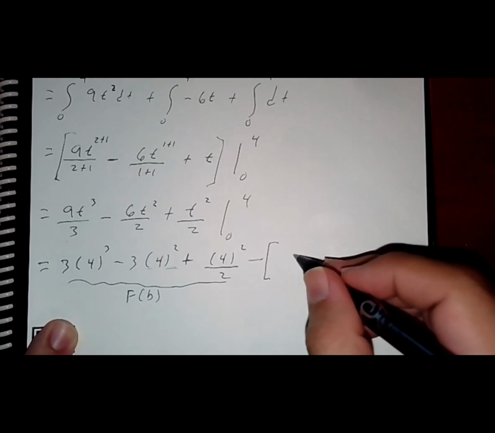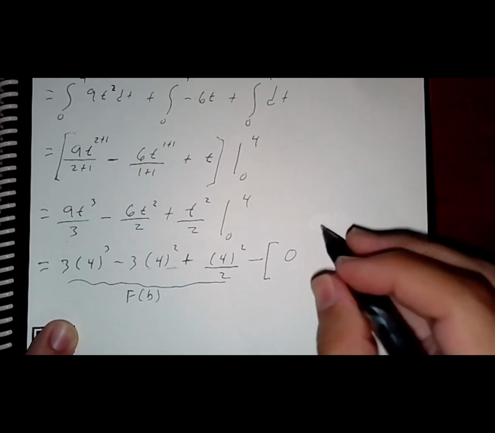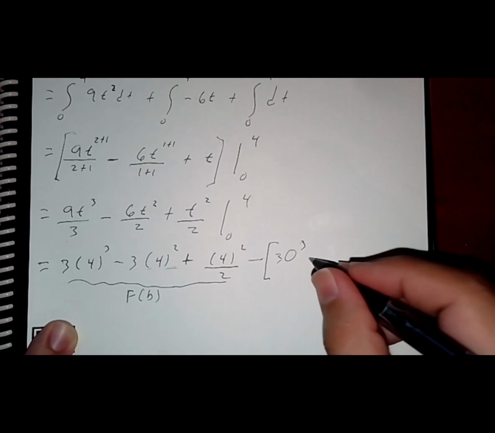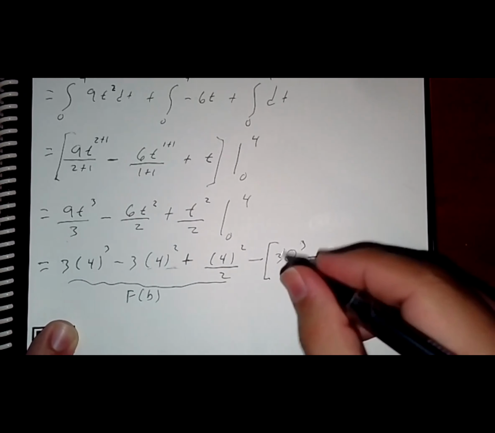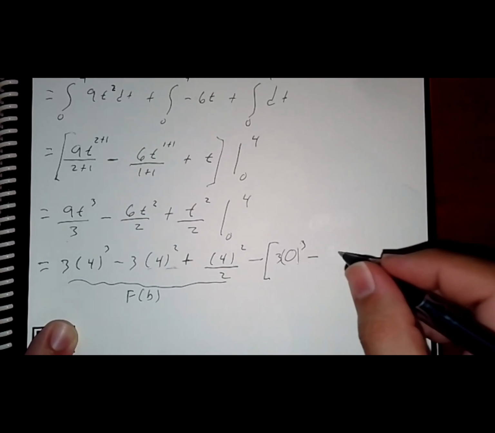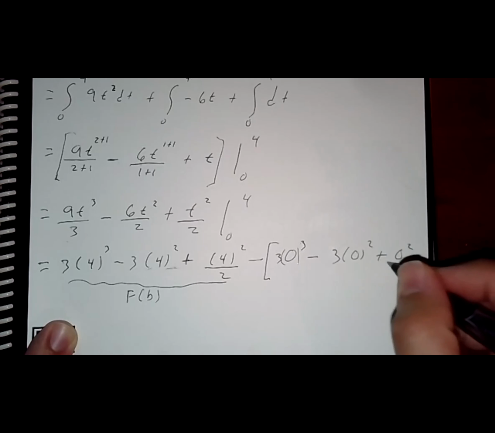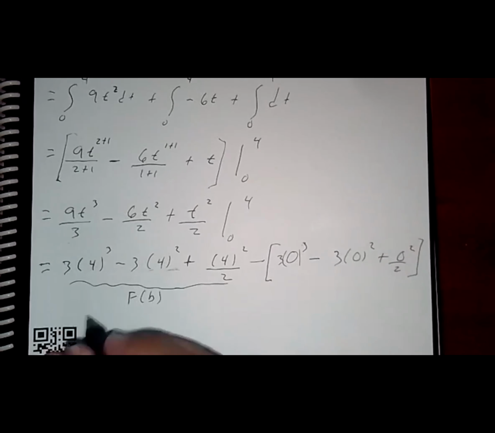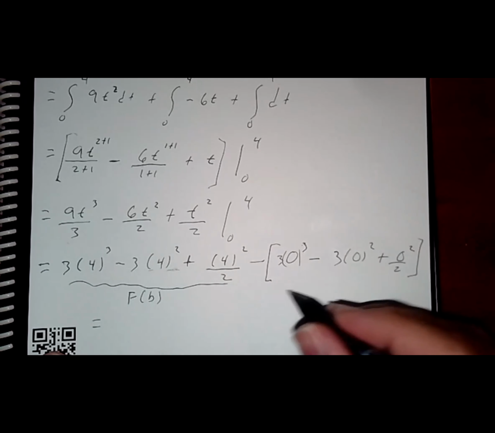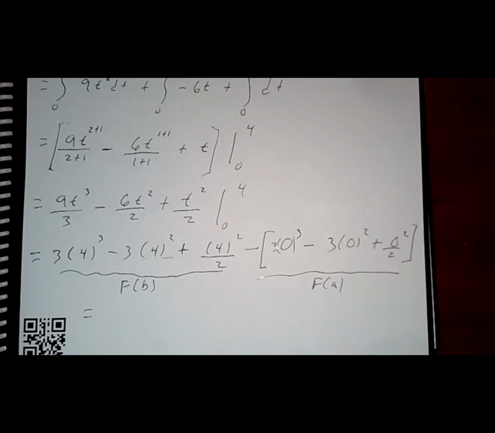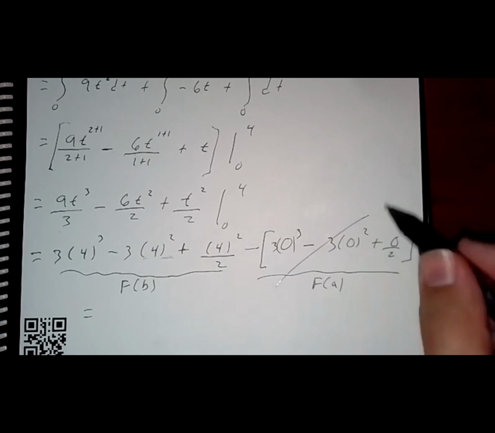So that'll be 0 cubed minus 3 times 0 squared plus 0 squared over 2. All of this right here is F of A. Does that make sense? All right, so this is 0, so who cares?